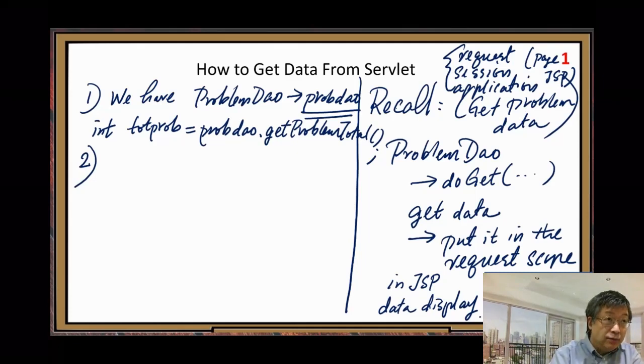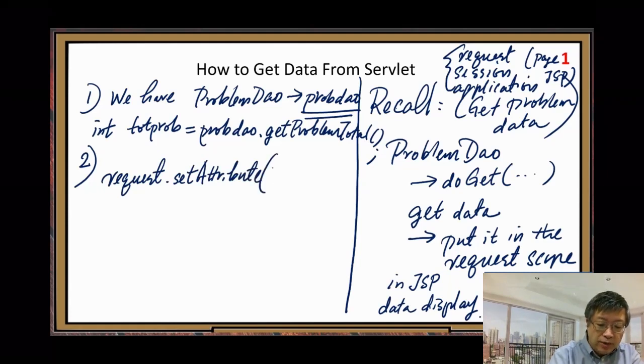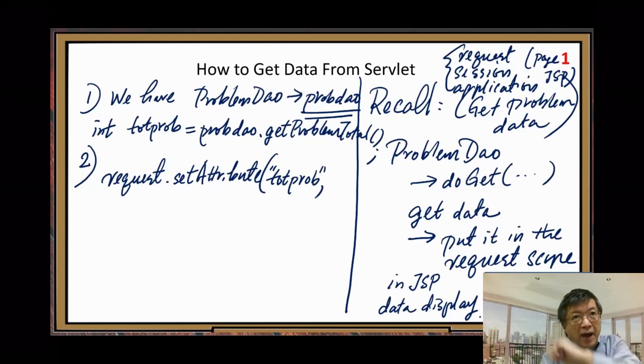Request dot setAttribute. When you set an attribute, you need to give an attribute name. Here let us use double quotes, totalProb. We can use the same name, and the attribute value is this integer.